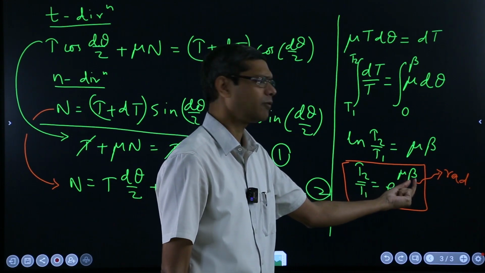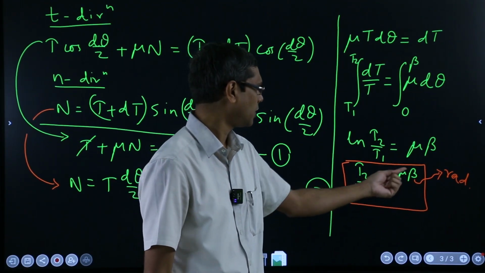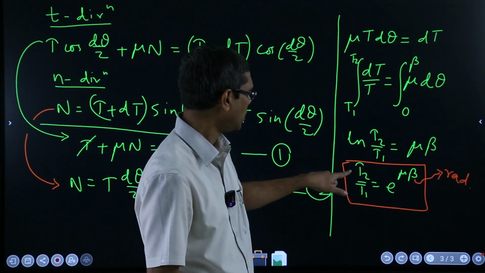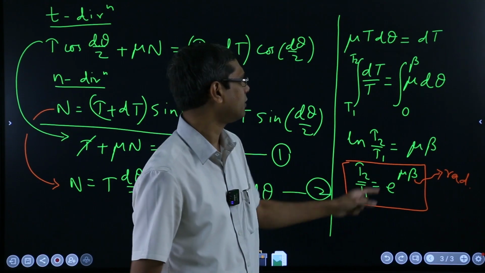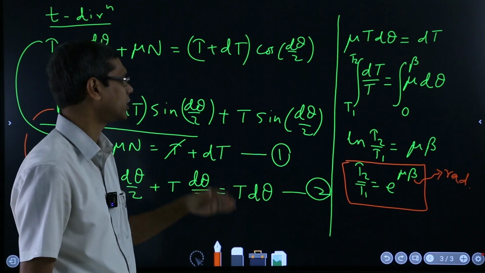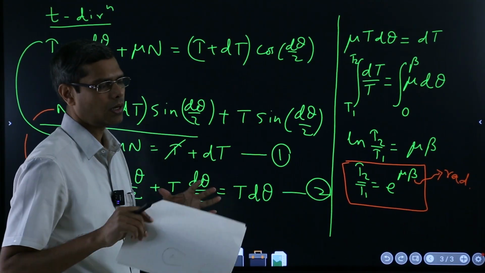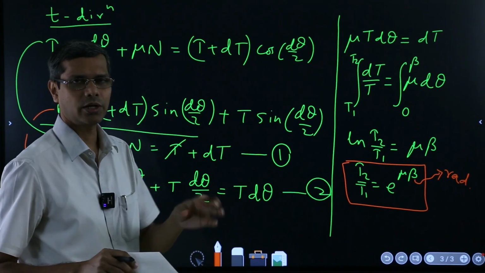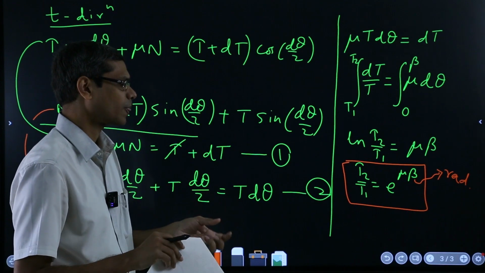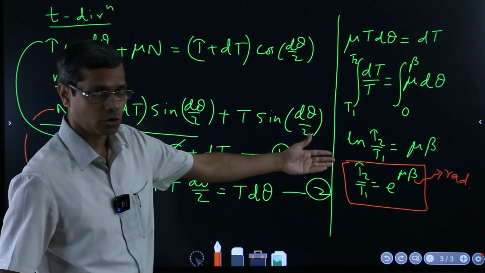Now this will be always positive, so e raised to some positive number, because this mu also is positive, beta is positive, so e raised to some positive number is a positive number. So T2 is equal to T1 times that positive number, so T2 will be more than T1. So you should be very careful about which side you are moving and which side you are applying the moment, and that should tell you the proper ratio.